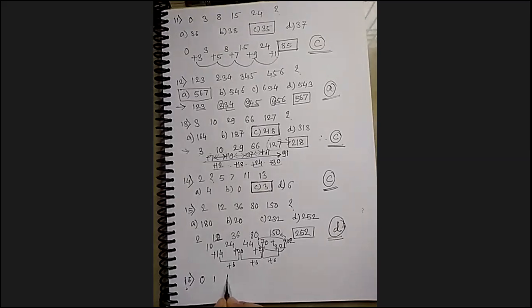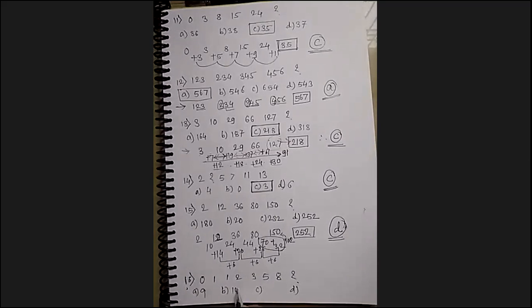0, 1, 1, 2, 3, 5, 8. Right. What could be the next one? Option A, B, C, D. So 9, 10, 13, 16.